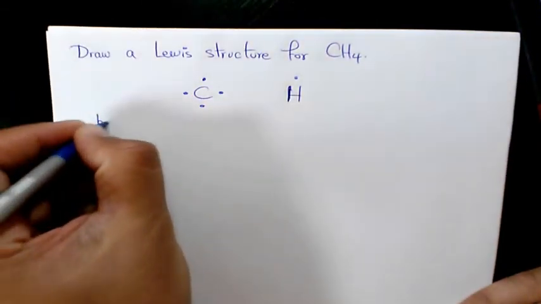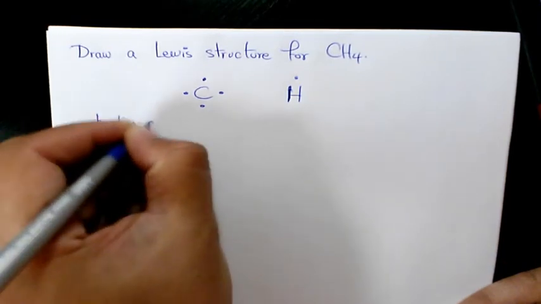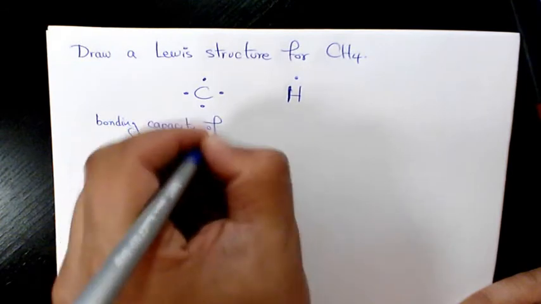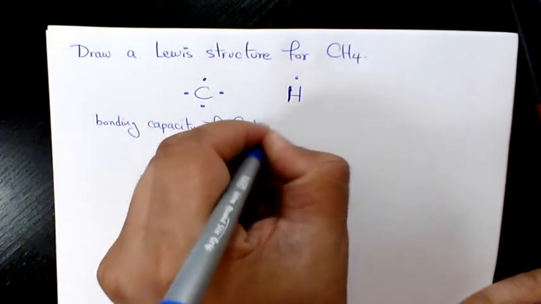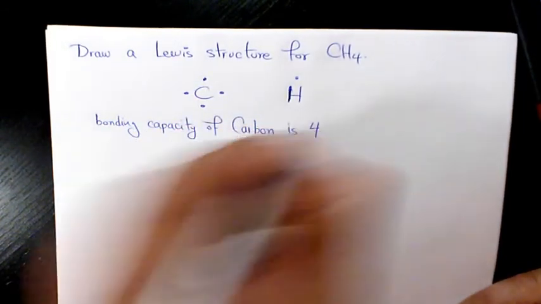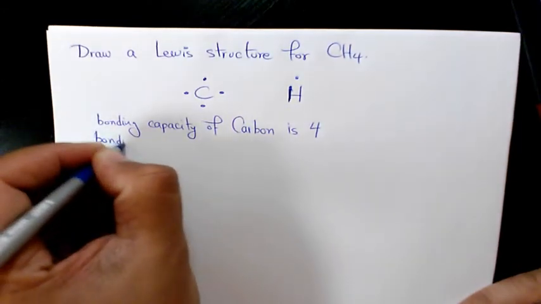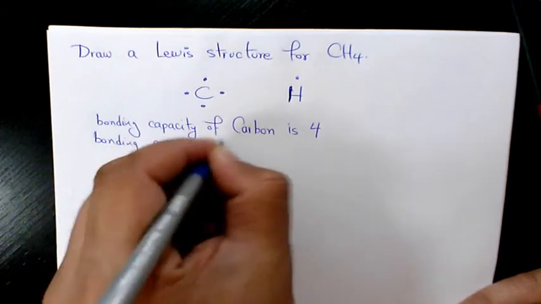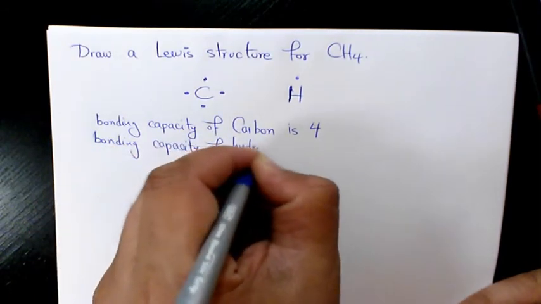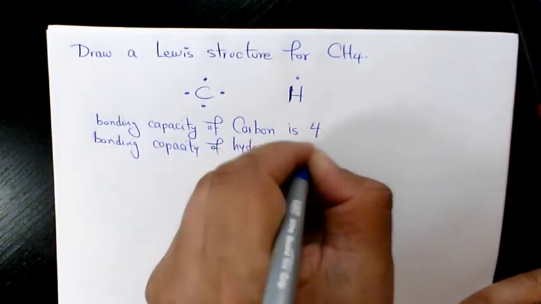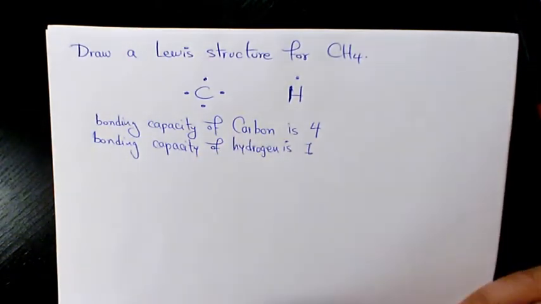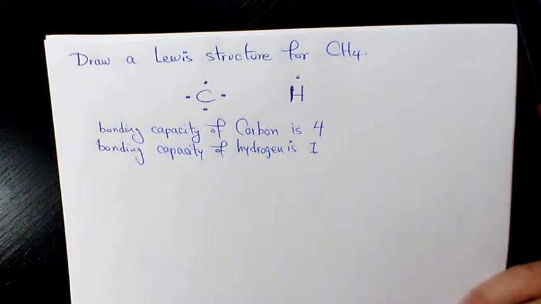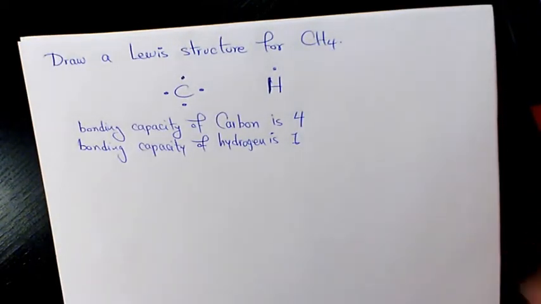So the bonding capacity of carbon is 4, and bonding capacity of hydrogen is 1. So carbon obviously is going to be the central atom, and we have only one atom of that.